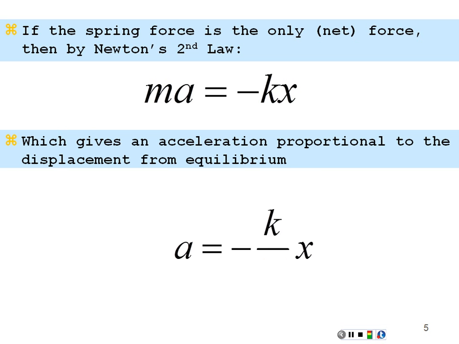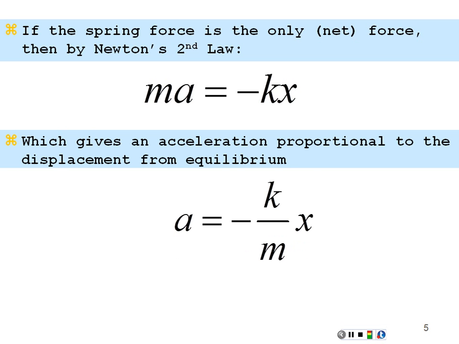So our acceleration would be equal to negative k divided by m times x. k is a constant, m is a constant, so I have an acceleration that's proportional to my x. The acceleration gets greater in magnitude the further away from equilibrium I get.